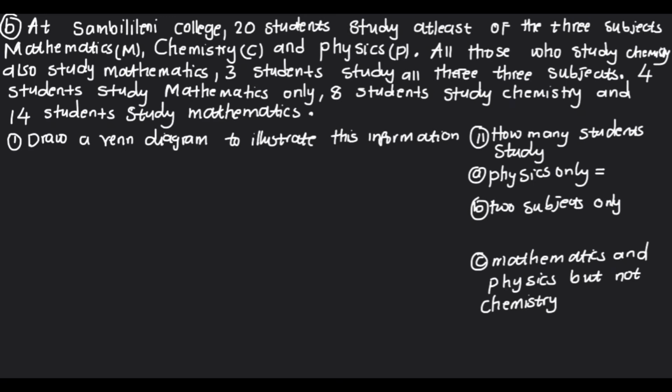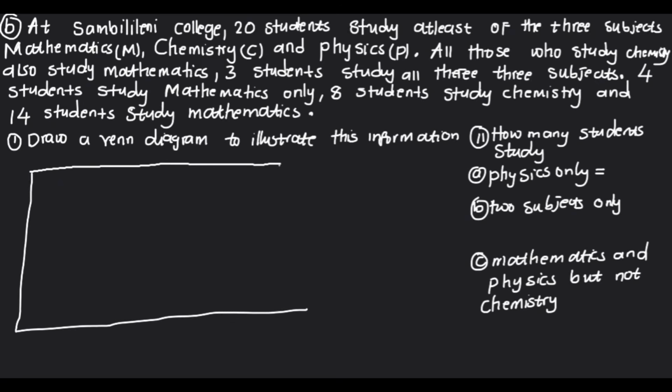So for a question like this one, you need to be extra careful and you need to understand the key points from this question. So let's try to draw the Venn diagram. So the Venn diagram, we know we need to draw a rectangle. So this is our Venn diagram. Now under this Venn diagram, we are going to have 3 sets.